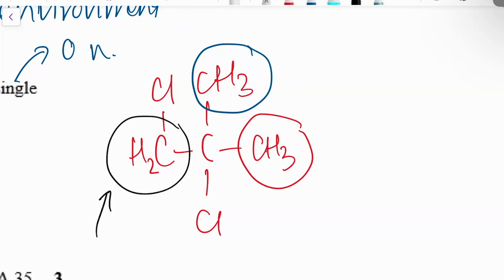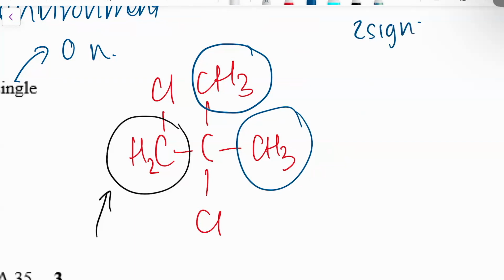Let's check if the other two CH3s are bonded to the same carbon, and then maybe they end up having the same signal. These two CH3s here look the same, they're in their separate houses, but they end up bonded to the same thing. So they do have the same chemical environment. So I have two signals.